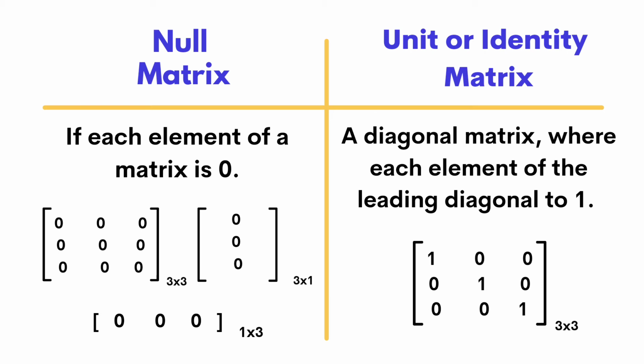But along with these two diagonal matrix conditions, there is one other condition for the unit matrix only, which is that all the elements on the leading diagonal should be 1. Only 1. No other value makes an identity matrix.